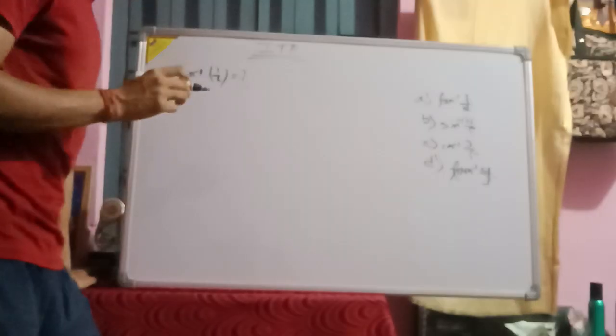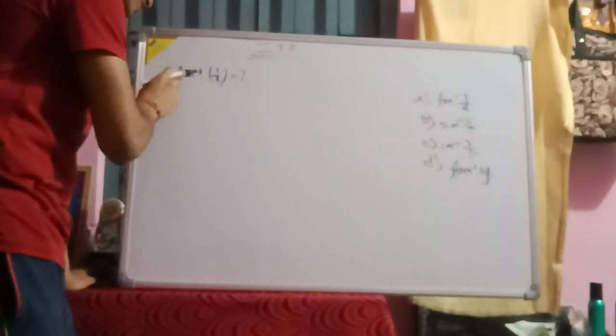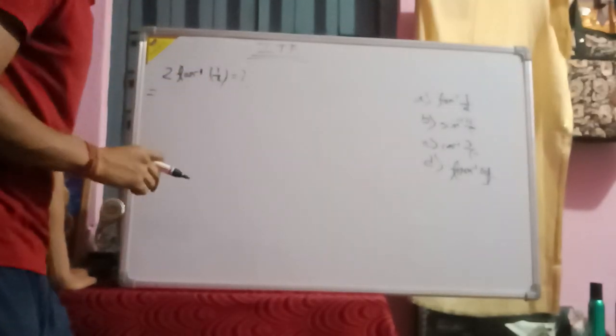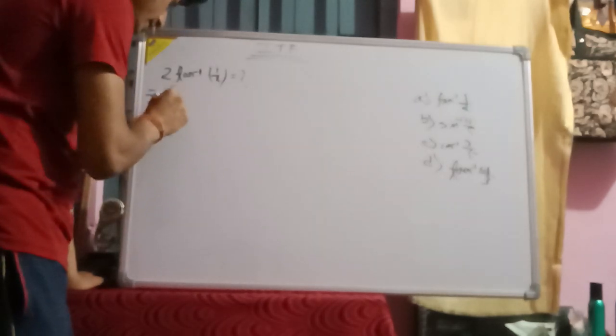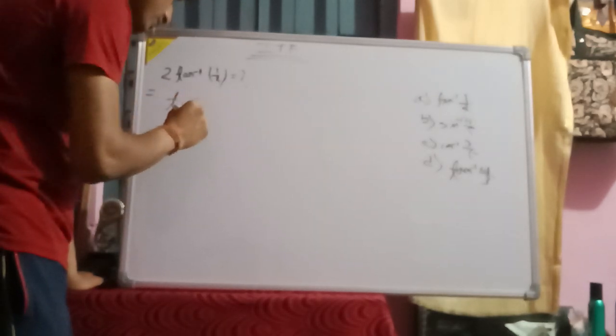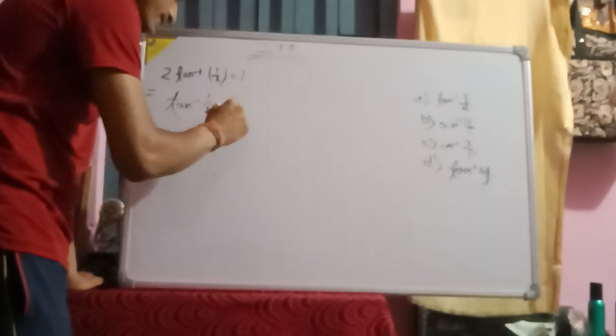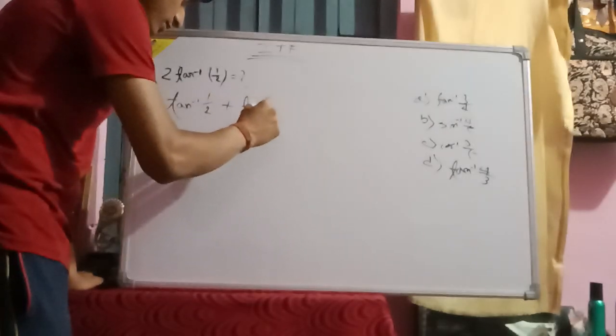So one thing I can notice is that we have a 2 multiplied in front of this inverse trigonometric function. So I can rewrite this as tan inverse of 1 over 2 plus tan inverse of 1 over 2.